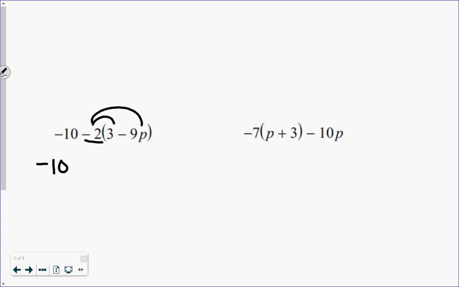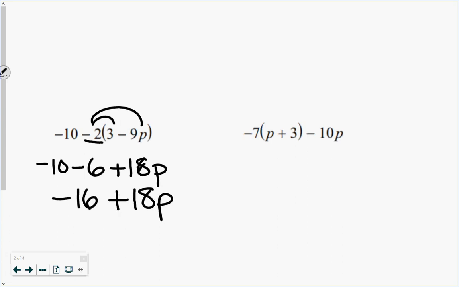So negative 2 times 3 is negative 6. Negative 2 times negative 9p is positive 18p. And now we'll have you guys try that next one. We'll pause the video.